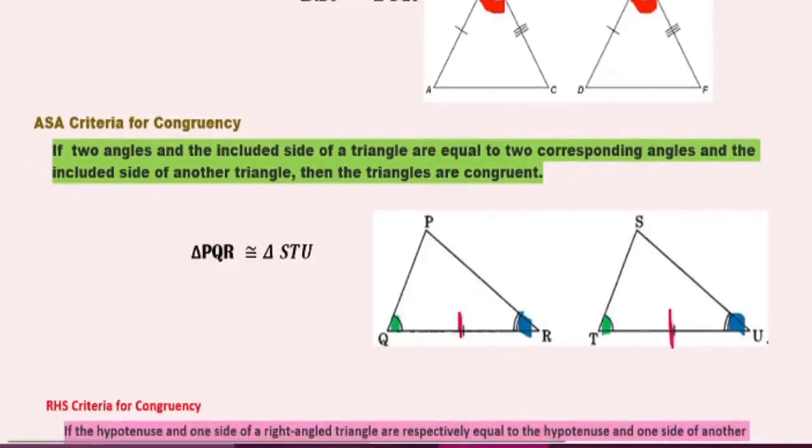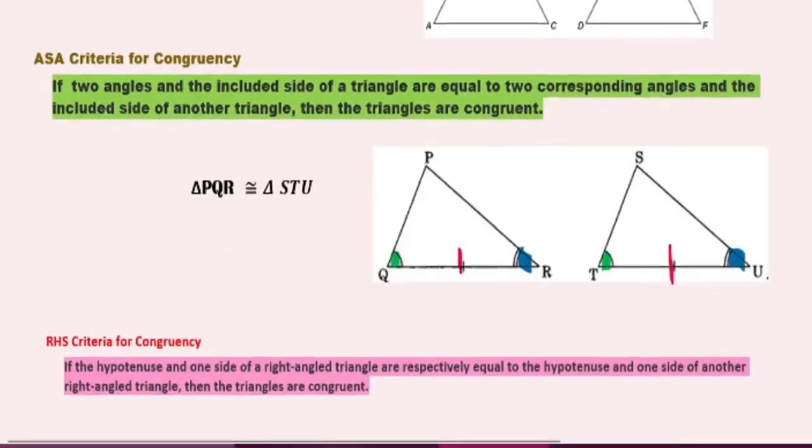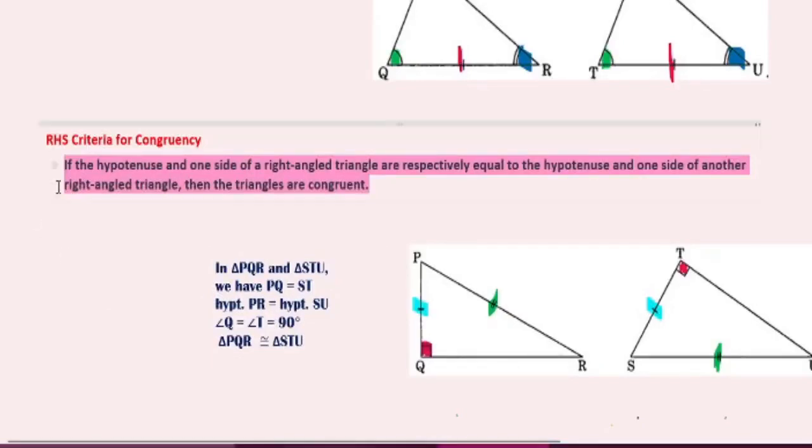Now next criteria of congruence, that is RHS congruence condition. RHS criteria: if the hypotenuse and one side of a right angle triangle are respectively equal to the hypotenuse and one side of another right angle triangle, then the triangles are congruent.